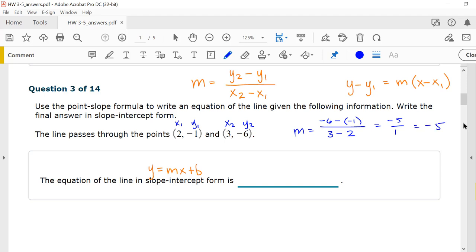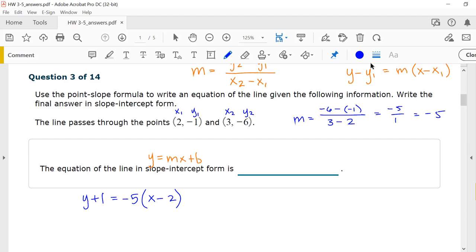Now I'm going to use this first point and my point slope form and say y minus -1, so y plus 1, equals slope, -5, times x minus 2. But I need to write it in y equals mx plus b form.